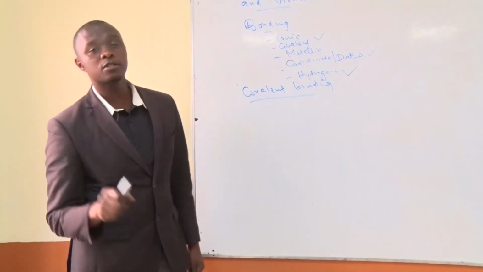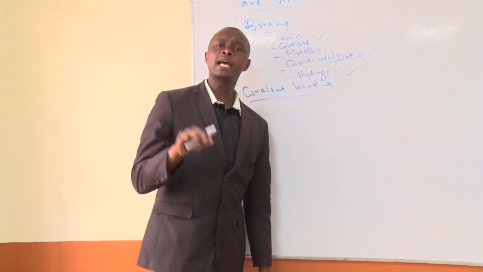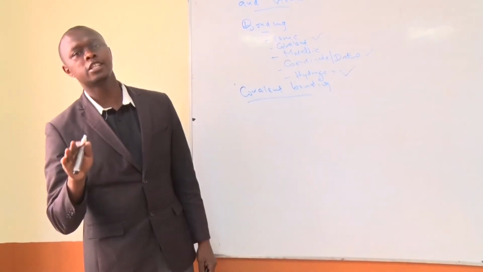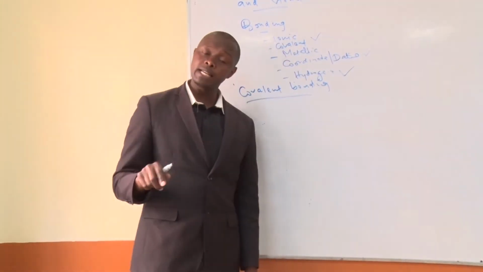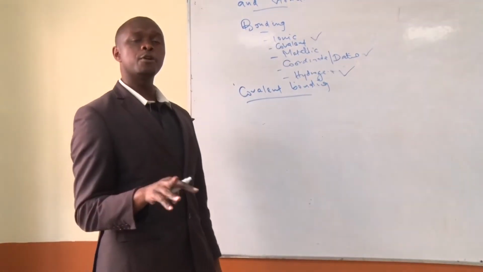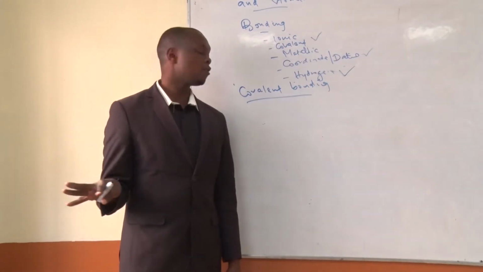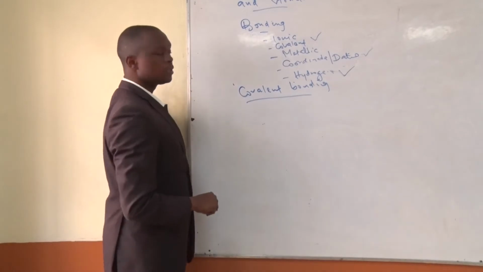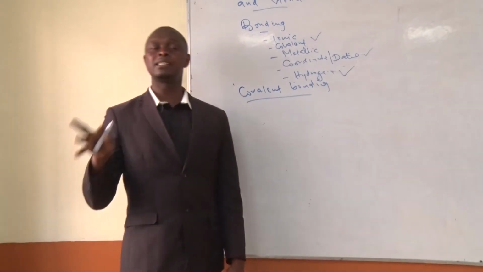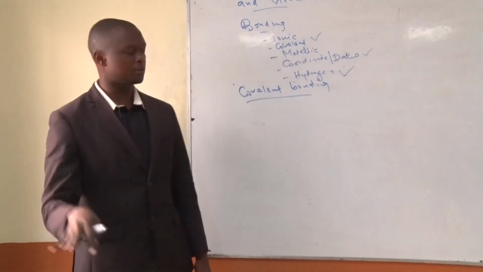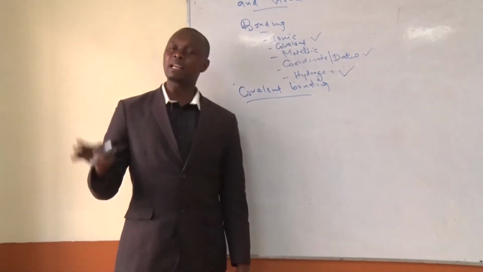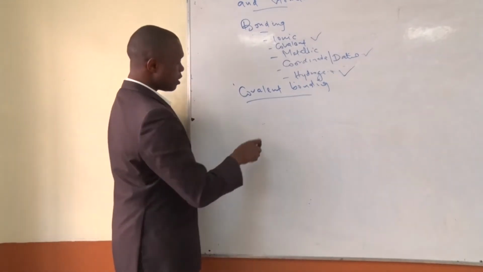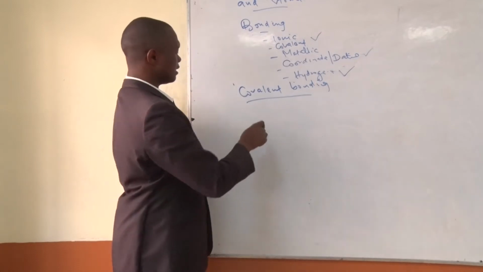this is a bonding consisting of a pair of electrons shared between two or many species of various atoms in a compound. So basically you can say it is the sharing of electrons to obtain stability. Now a good example we can give is the hydrogen bonding.